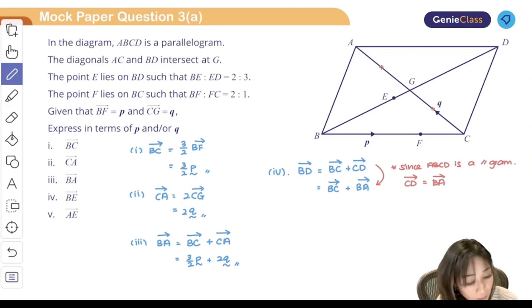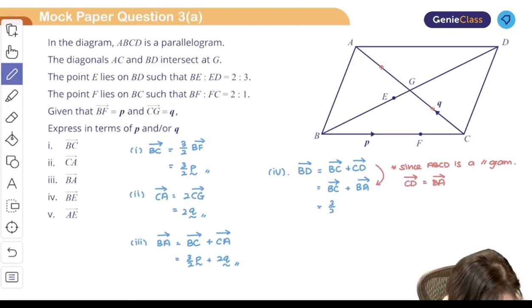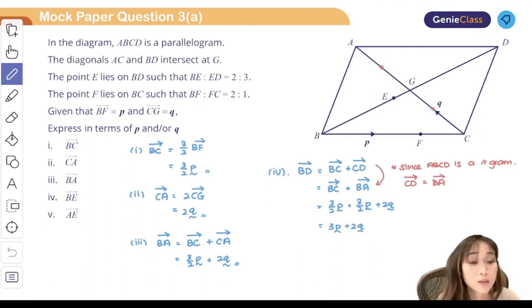That's why we can just swap them out like that. Then we fill in the values. So BC is 3 over 2p plus BA, which is 3 over 2p plus 2q. So 1.5 plus 1.5 gives us 3p plus 2q.